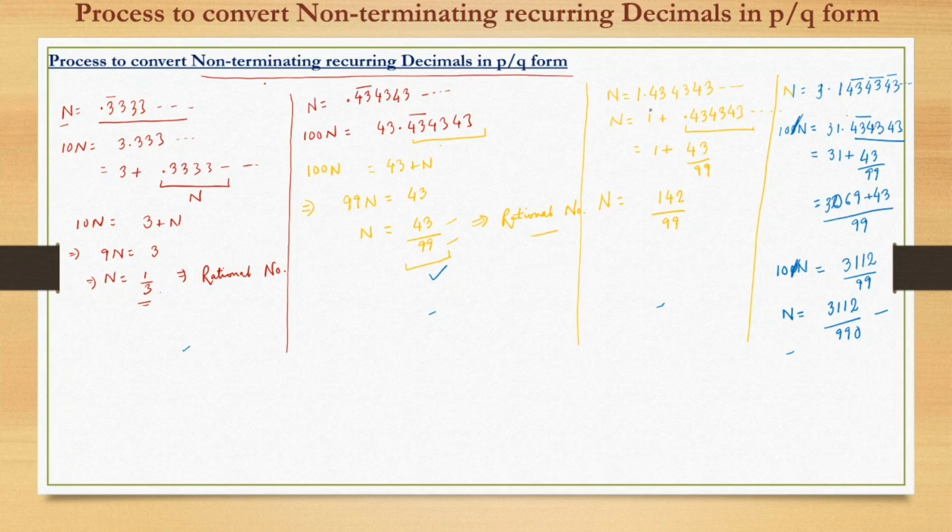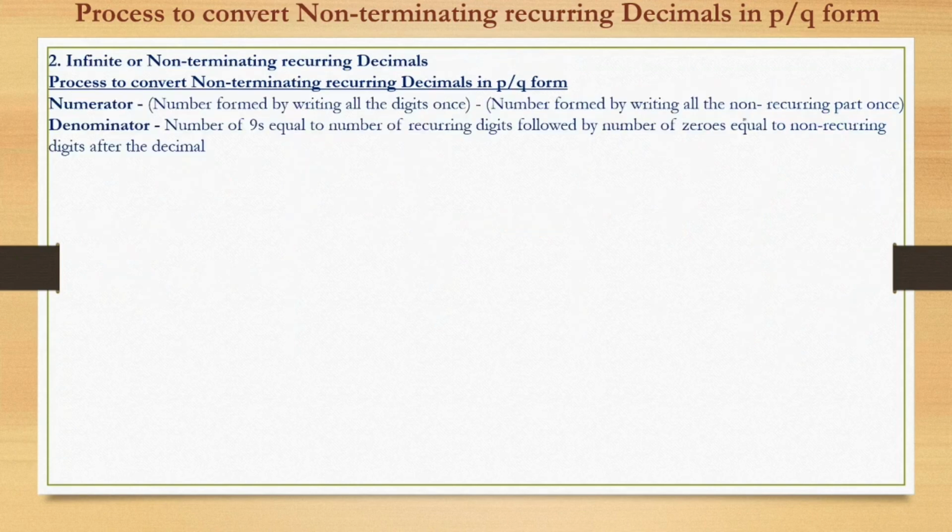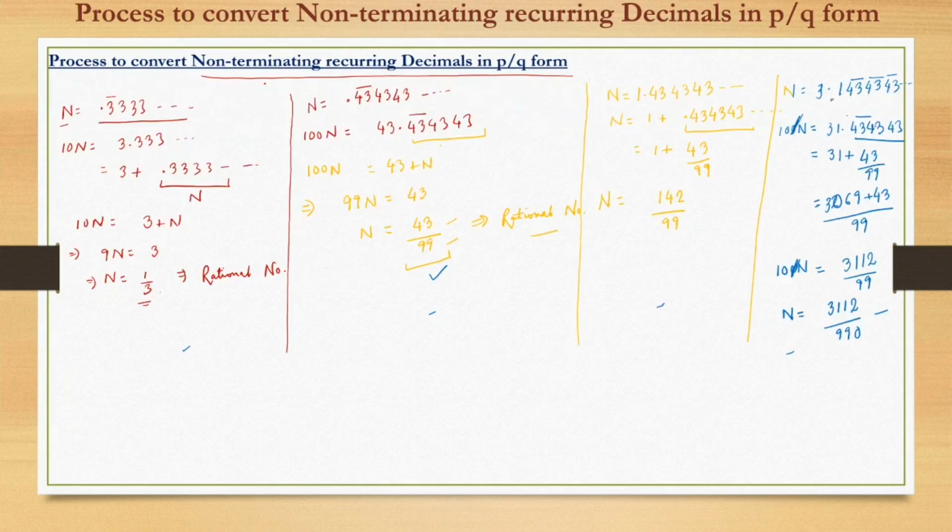Here, 1.43, we can rearrange as 1 plus 0.43 something, and in the case of n is equal to 3.14 something, we first rearranged this as 31 point a recurring decimal. To make it 31, we multiplied with a single 10 on both sides, and 0.4343 we know is 43 by 99. This way we have been able to do it.